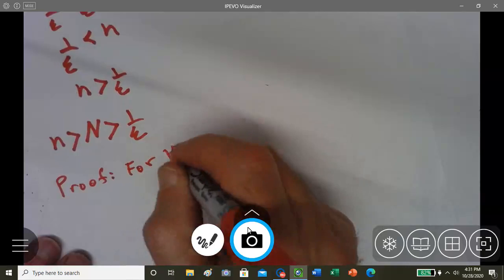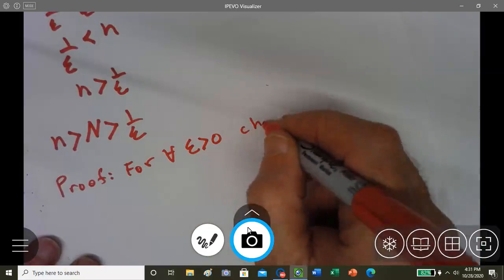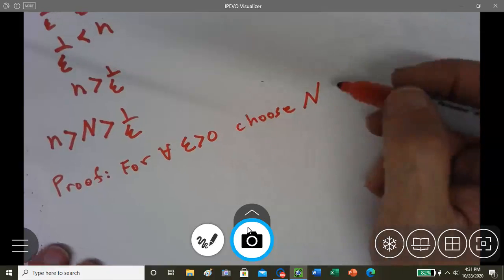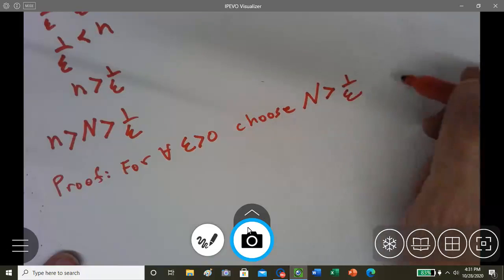For all epsilon greater than 0, we choose a boundary N greater than 1 over epsilon.